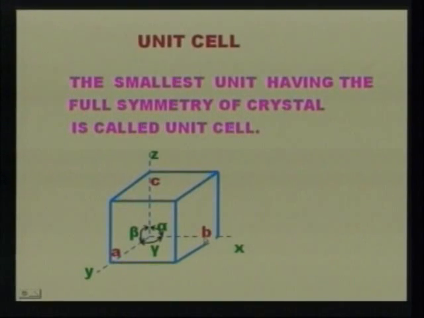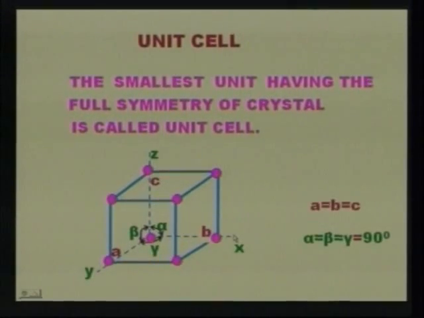This is B, this is C, this is A. Between B and C the angle is alpha, between C and A the angle is beta, and between A and B the angle is gamma. Here in the unit cell at all the corners the atoms are arranged in an orderly manner.